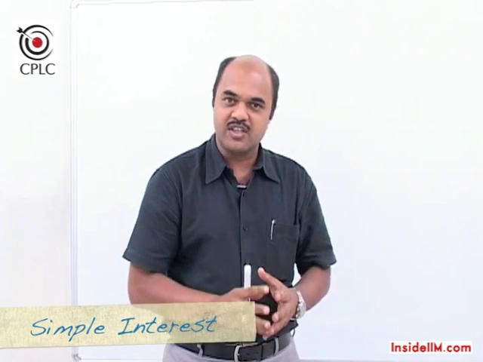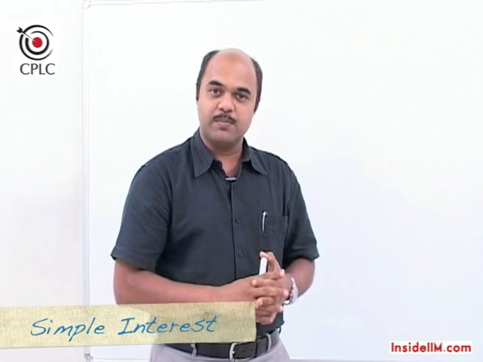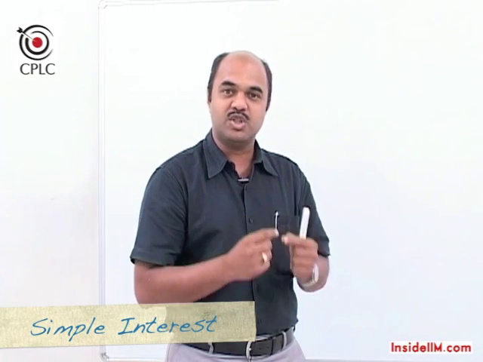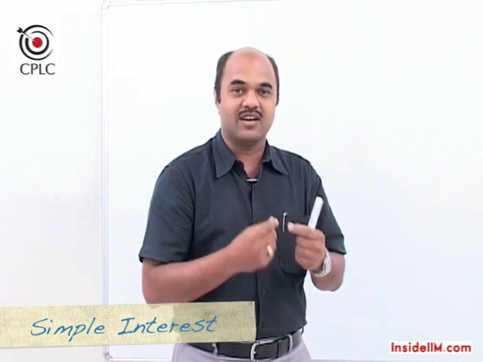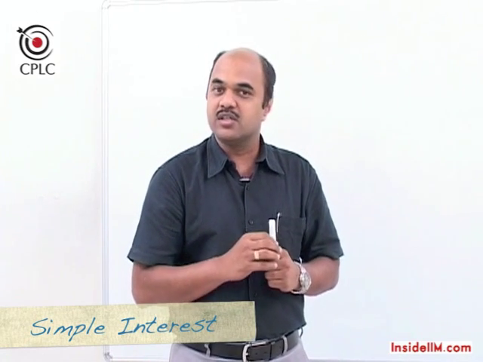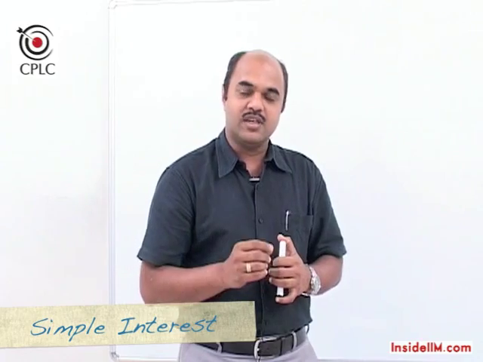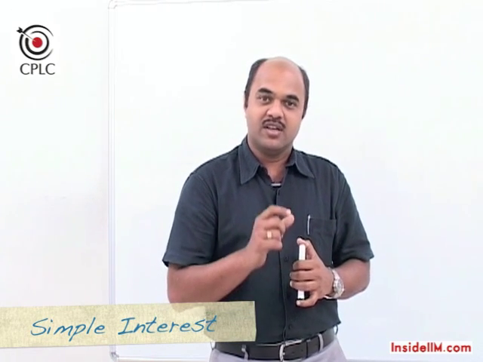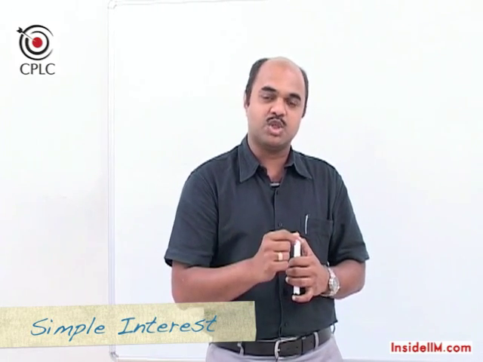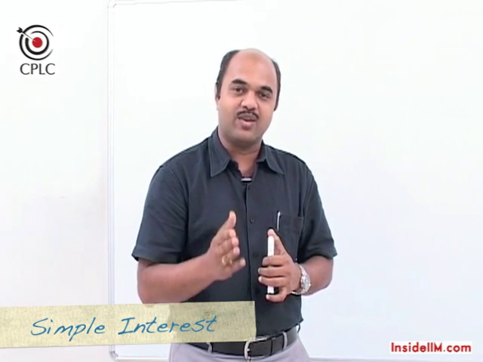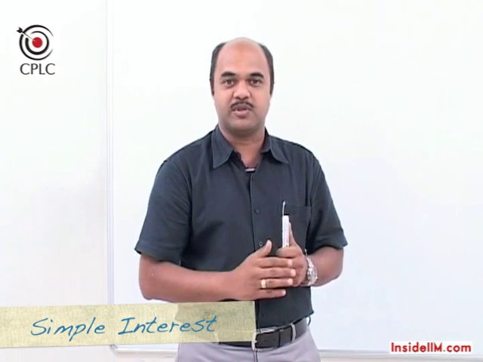The basic difference between the two is that in simple interest the principal does not change, which means the initial money that is either invested or borrowed does not change over the entire time duration. Whereas in compound interest, the principal keeps changing because the interest is regularly added back to the principal.